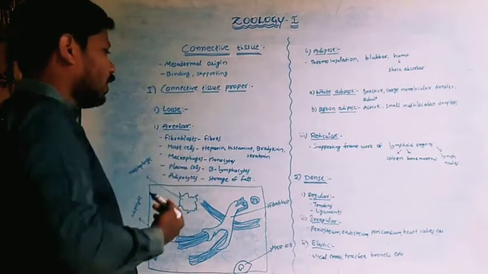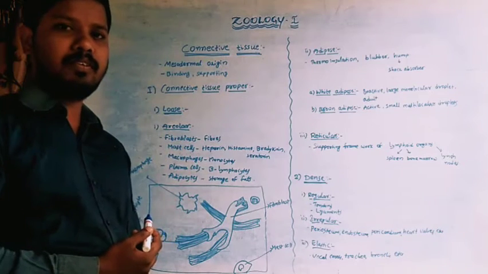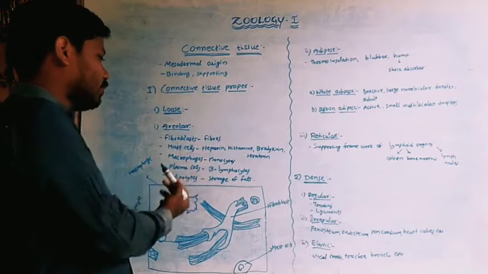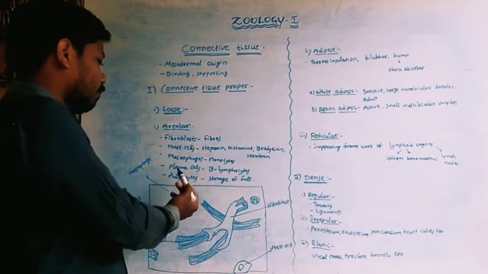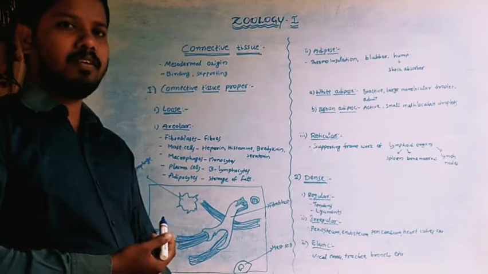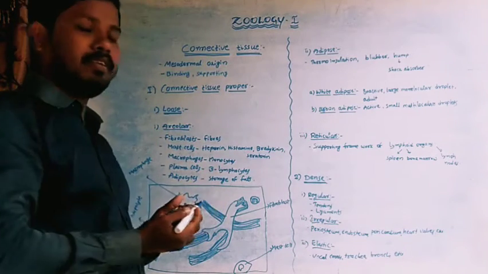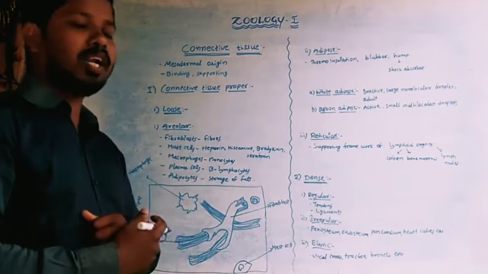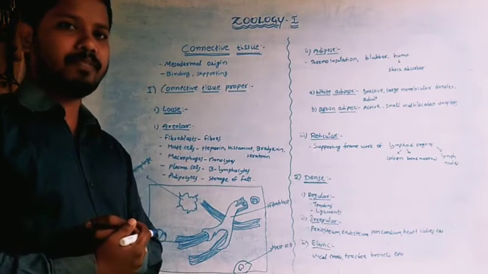Here areolar loose connective tissue includes fibroblasts, mast cells, macrophages, plasma cells, and adipocytes. So these different types of cells constitute areolar loose connective tissue.